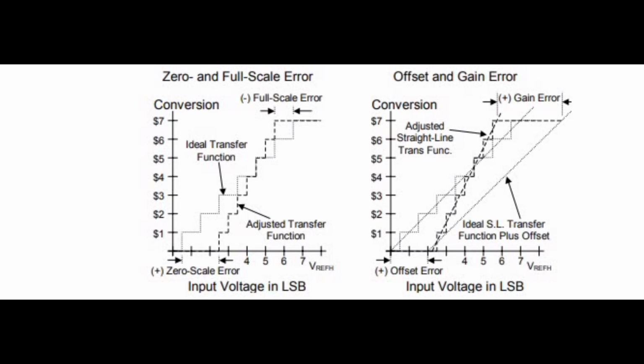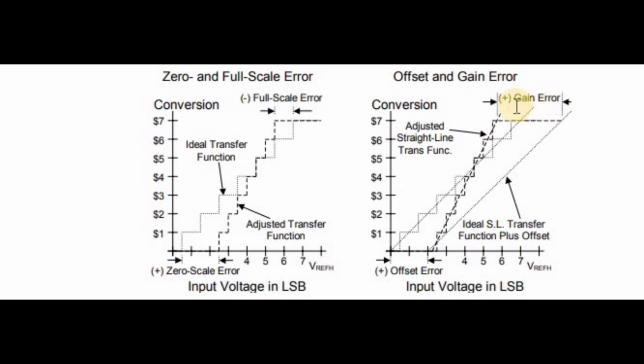You can see at the final, at the end point. At the end point, if we measure at the 7th pin, here I have this value, and here I have this value. So this is nothing but my gain error.